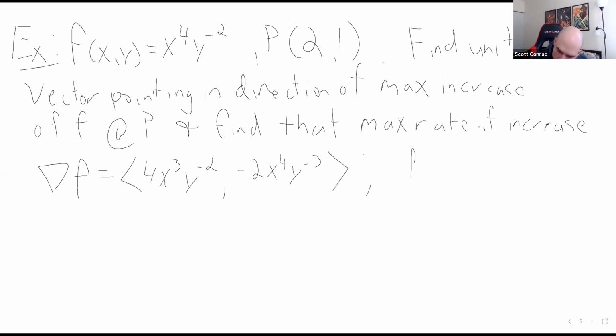So evaluating that, at (2, 1), x is equal to 2, y is equal to 1. So we get 4 times 2 cubed, which is 32, times 1 to the negative 2, so we get 32. And then negative 2 times 2 to the 4, so negative 2 times 16 times 1 to the negative 3 is negative 32. That's the gradient at our point.